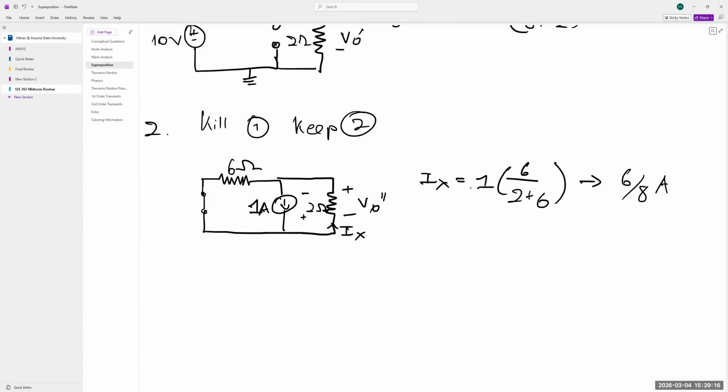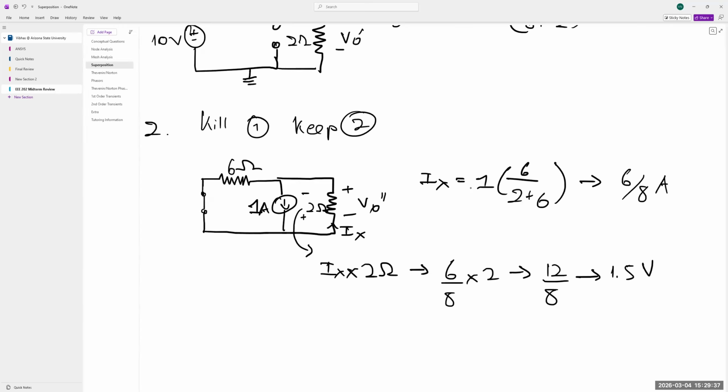So the voltage across this is going to be Ix times 2 ohms, which comes out to be 6 over 8 times 2, which is 12 over 8 or 1.5 volts.